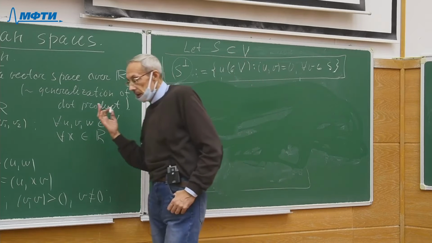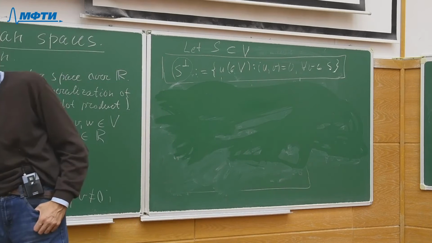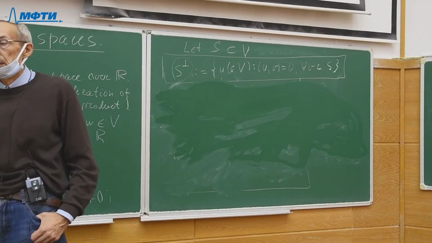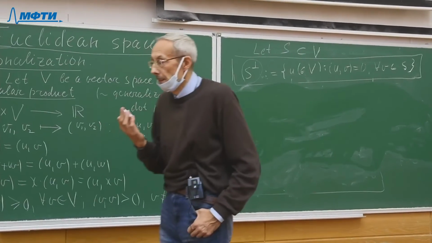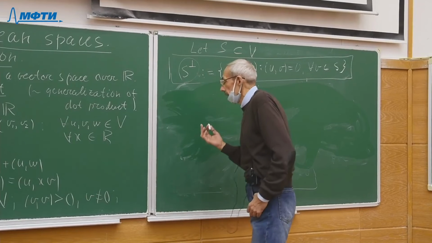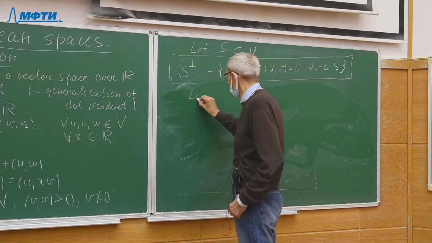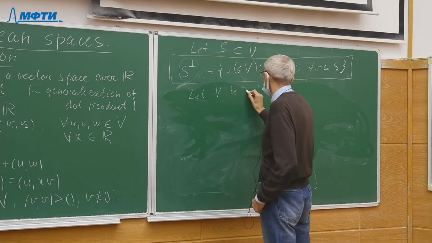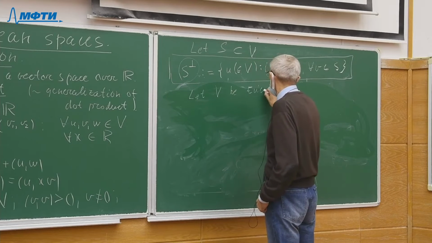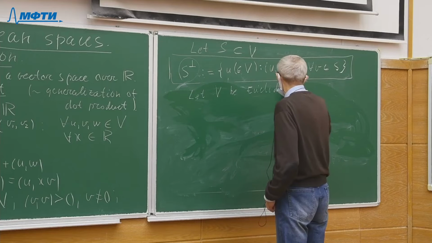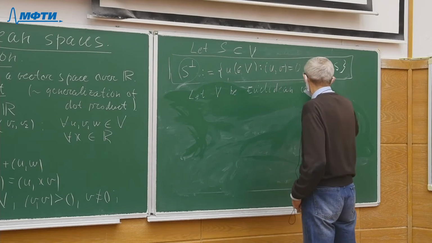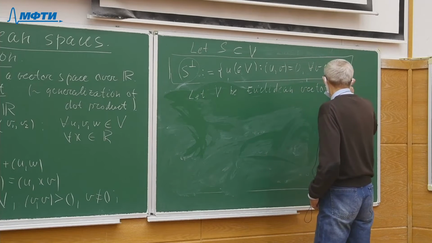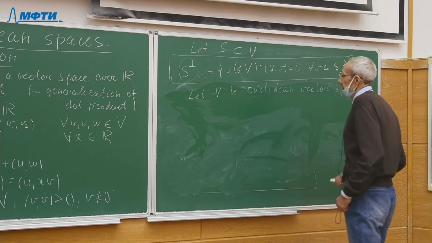Let's now suppose that the initial vector space is a Euclidean vector space, and let V be a Euclidean vector space.